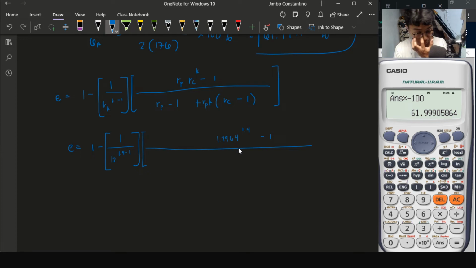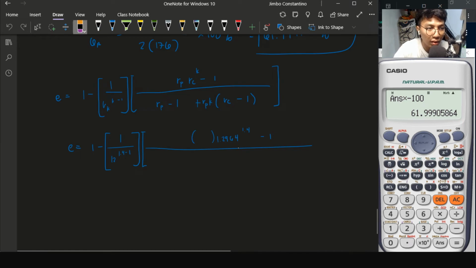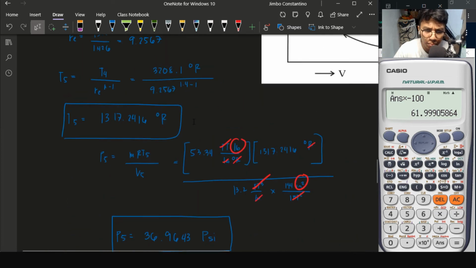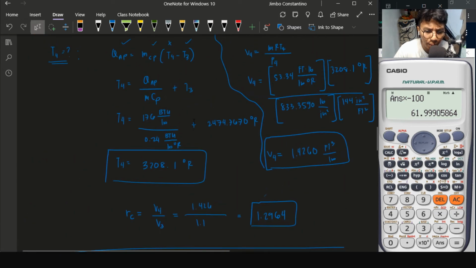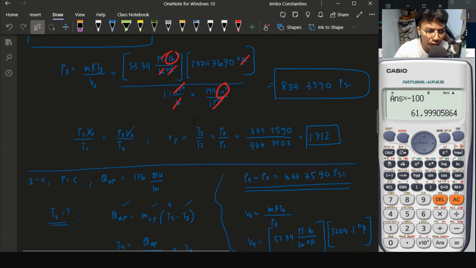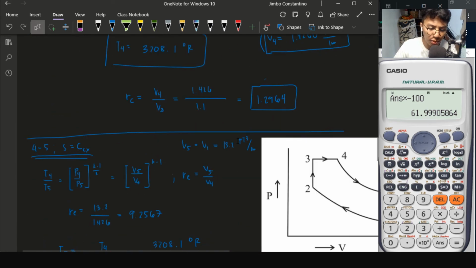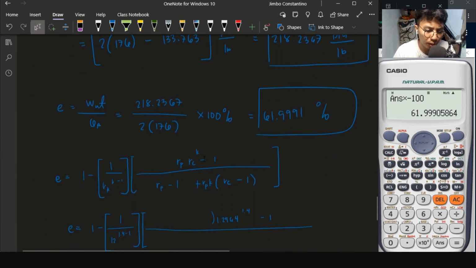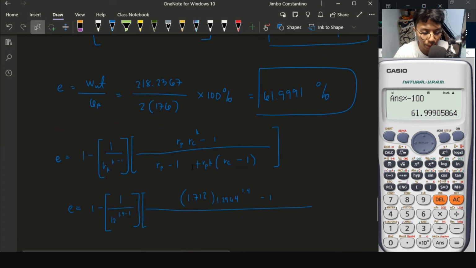Okay? Tapos, multiply ko rin to ng RP. Ano ba yung RP na nakuha ko dyan? Yung RP na nakuha ko is pressure ratio. Ayun, 1.712. Okay.